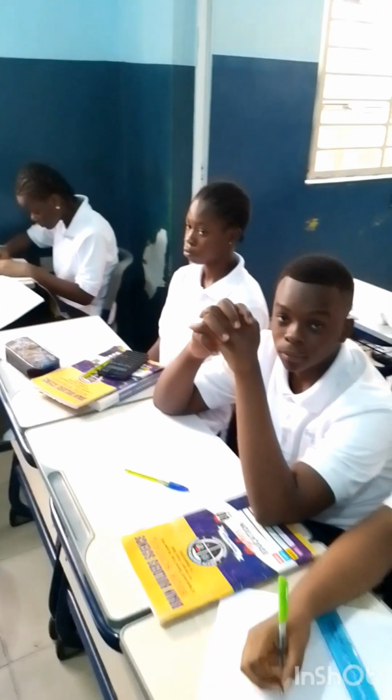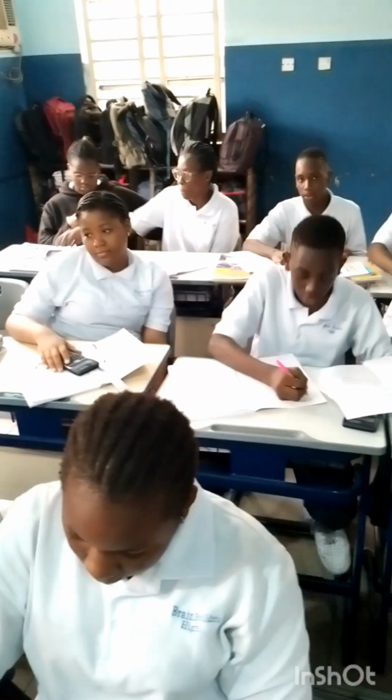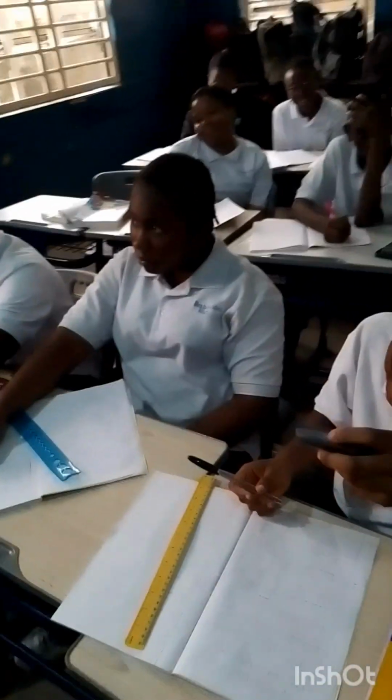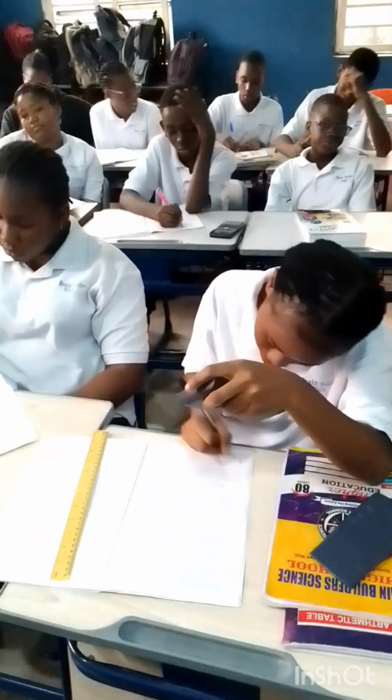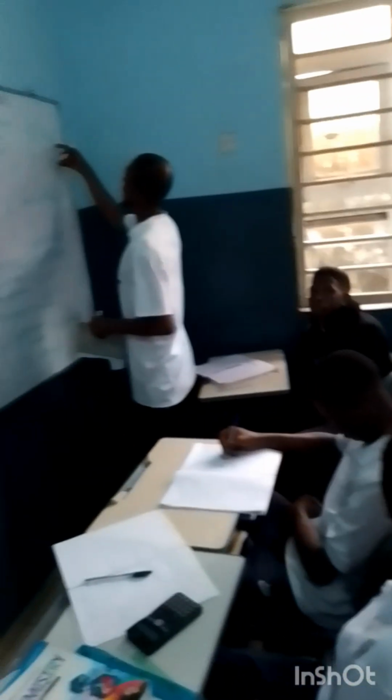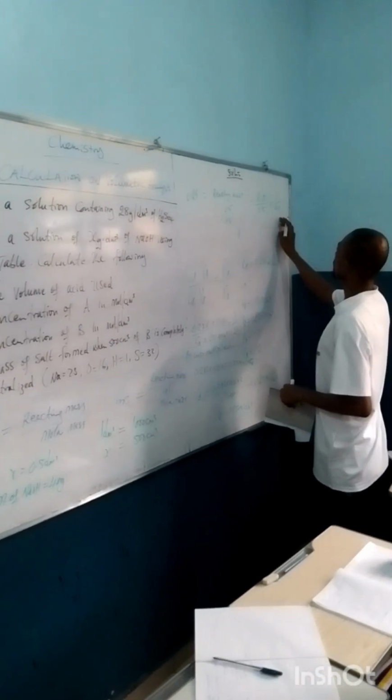Sorry. This has to be the reacting mass over 0.5, times 1 over 40. So if I have 0.5 times 40, that will give me 20.